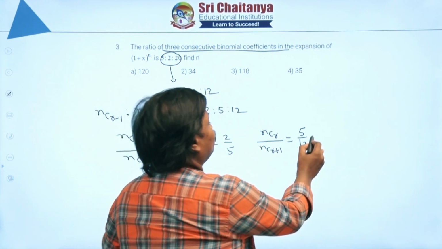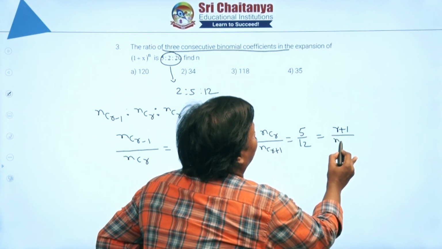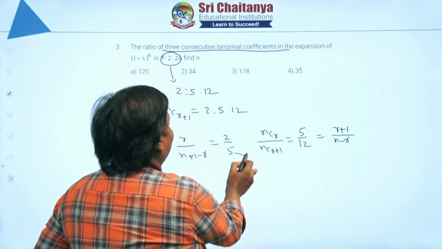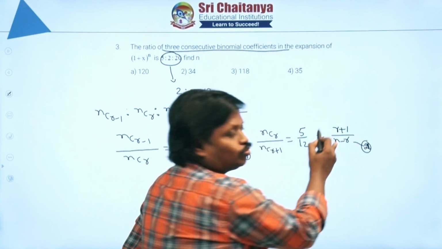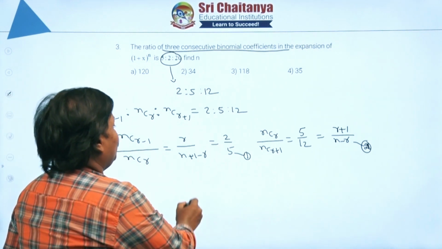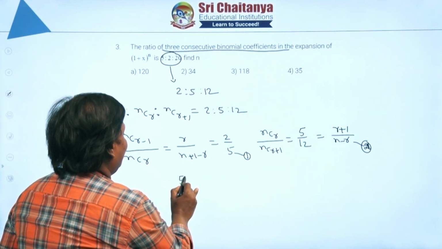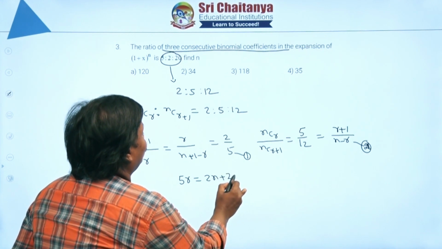From simplification we will get r plus 1 by n minus r. This I assume as equation 1, this I assume as equation 2. By solving these two equations, we will get 5r equals 2n plus 2 minus 2r.